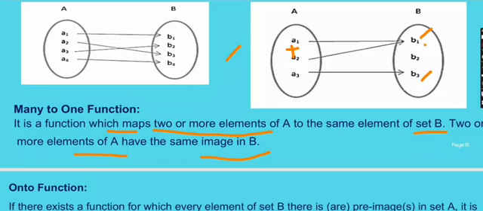That is, in a function you can have any types. So this diagram represents both many-to-one as well as what? One-to-one. Here, can you tell me what the range is? The range is B1 and B3. The domain is A1, A2, A3. The codomain is B1, B2, B3. But the range is only B1 and B3.